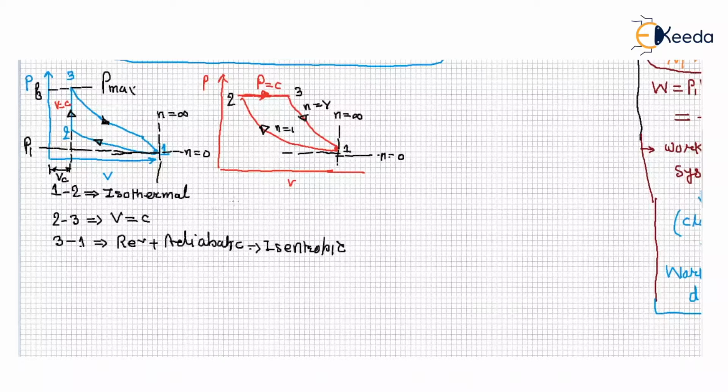So 1 to 2 a reversible isothermal process, 2 to 3 pressure constant, and 3 to 1 isentropic, right?